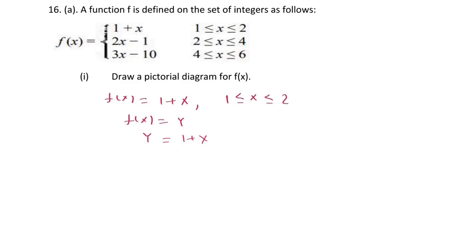Okay, so to get the values of y, we are going to prepare a table of values as follows. So we sketch our table. Then here we have x, and here we have y. So we have the values of x as 1 and 2. So we say when x is 1, y is going to be 2. And then when x equals 2, y is going to be 3.